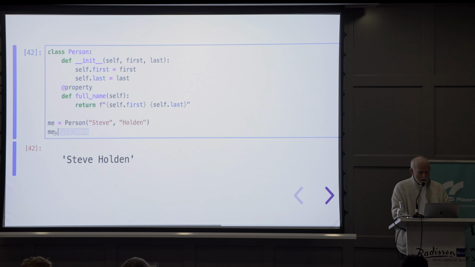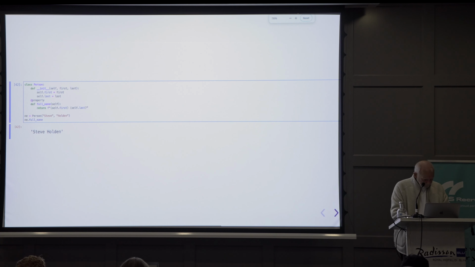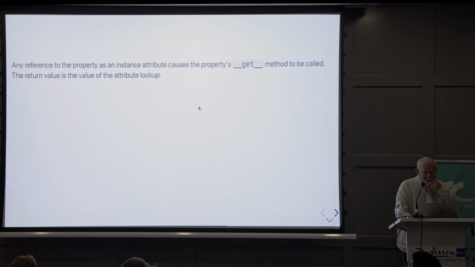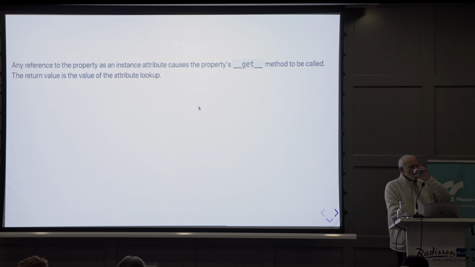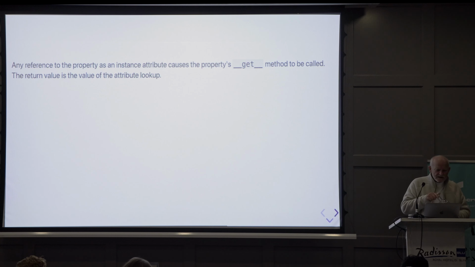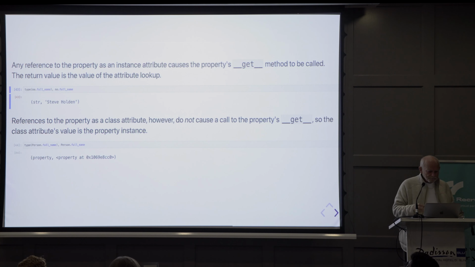So that's the standard property mechanism which is underlied by the descriptor. Okay, so any reference to a property as an instance's attribute will cause the property's dunder-get to be called, and that will return the value of the attribute lookup.